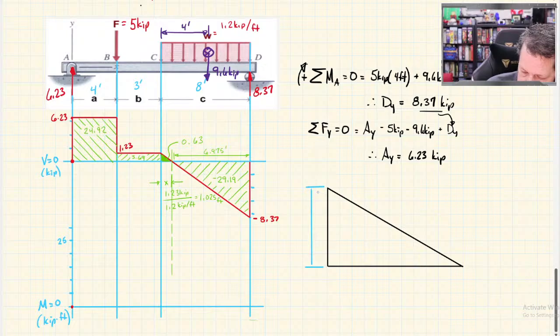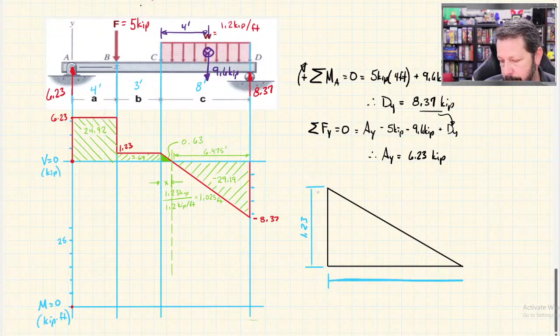So this height is given as 1.23. Technically the units are kips. But this base is not given to us in any way. Now, if you did a very accurate drawing, you could try and measure it, but that's not a good idea. So we're going to have to calculate that.